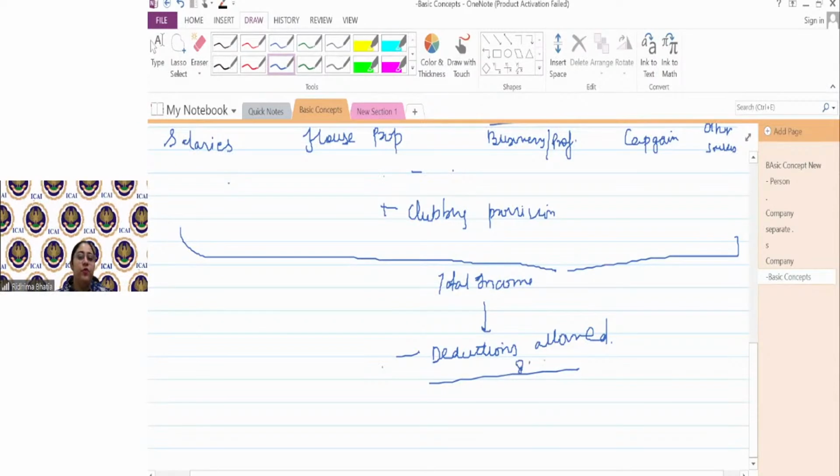This you would be studying from section 80C to 80U in your chapters of deductions from gross total income. This we call gross total income. Once the deduction happens, it is the net total income which has come. Now, on this net total income, we will compute the tax liability.